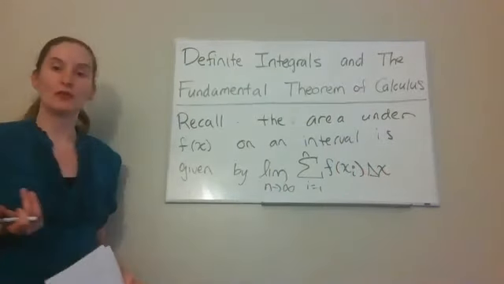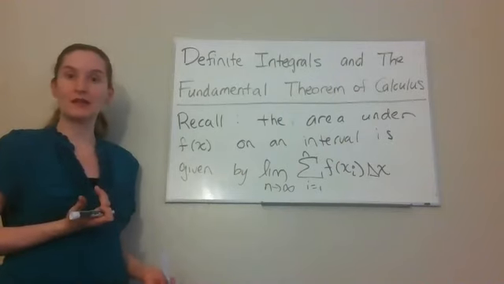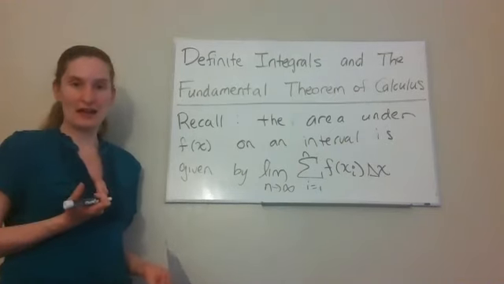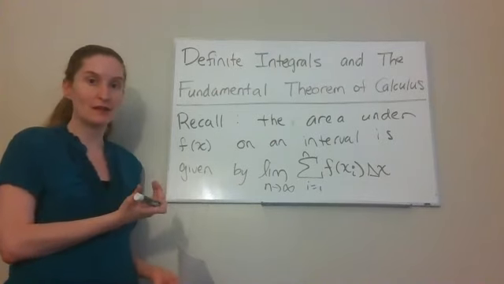And we used this when we were taking our interval and dividing it into n equal pieces and estimating by adding up the areas of the rectangles that were made up by those n pieces.